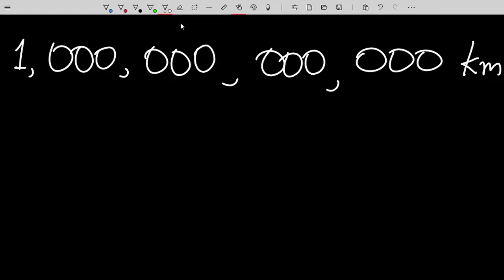You are not going to include all of these digits in your data. So what we're going to do here is convert this value into scientific notation. But the first thing we have to know is where the decimal will be placed. Now here in this value, as you can see, we do not have any decimal.